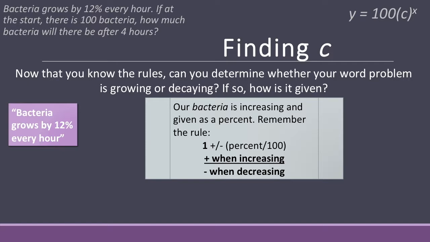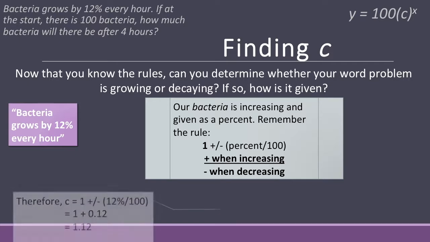We have to remember this rule. When we are given a percent, we have to change it as 1 plus or minus that percent over 100. And because ours is increasing, we are going to add it together.